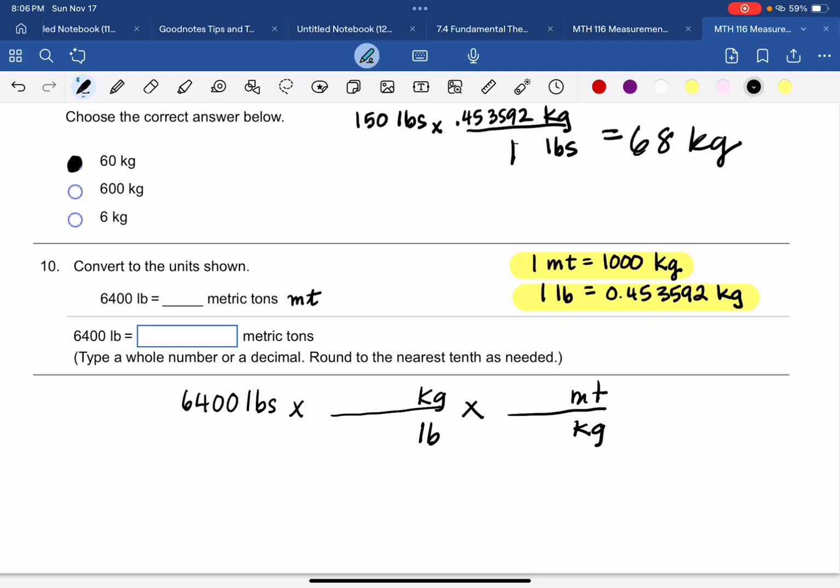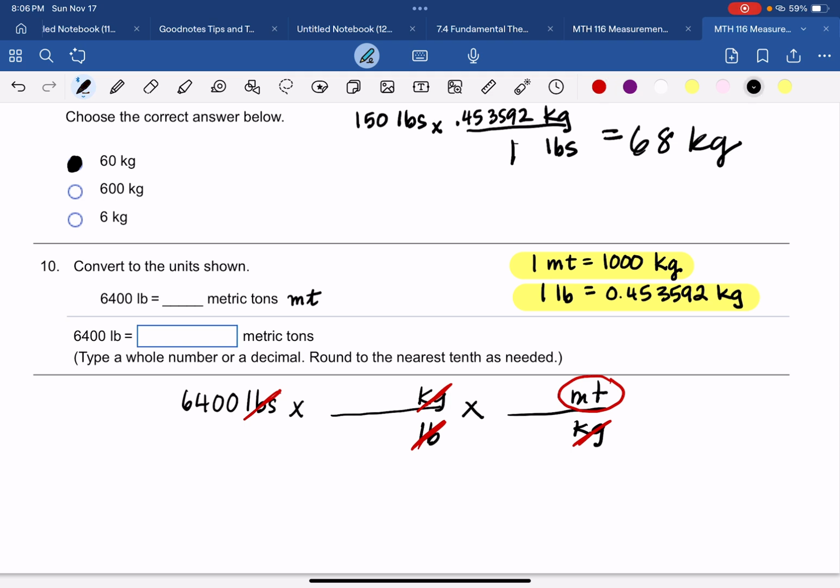So notice how I did this. I want to get rid of pounds, so there's pounds on top and on bottom. Then I want to get rid of kilograms, kilograms on top and on bottom, and that means my final answer will be in metric tons.